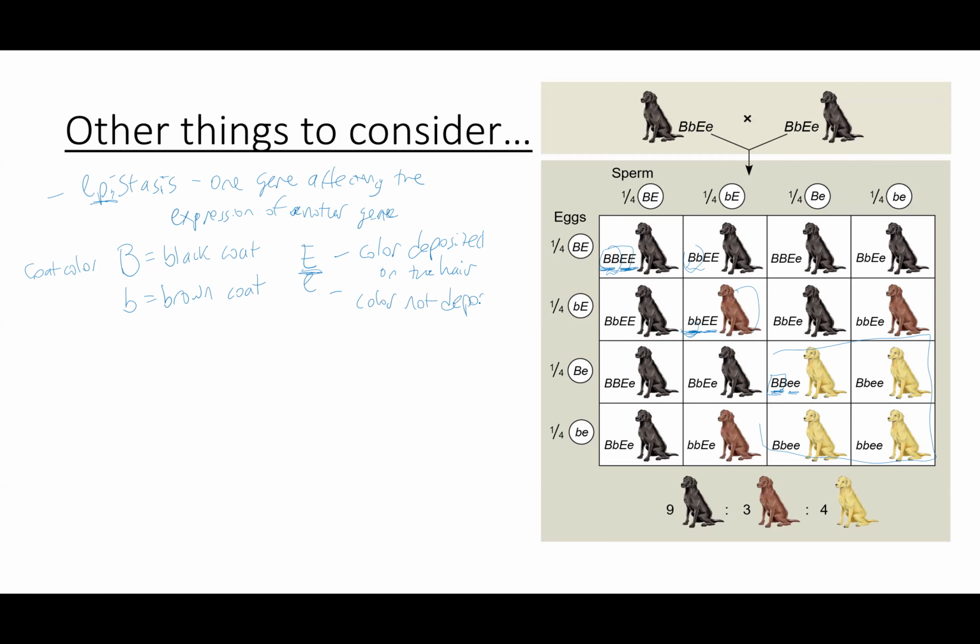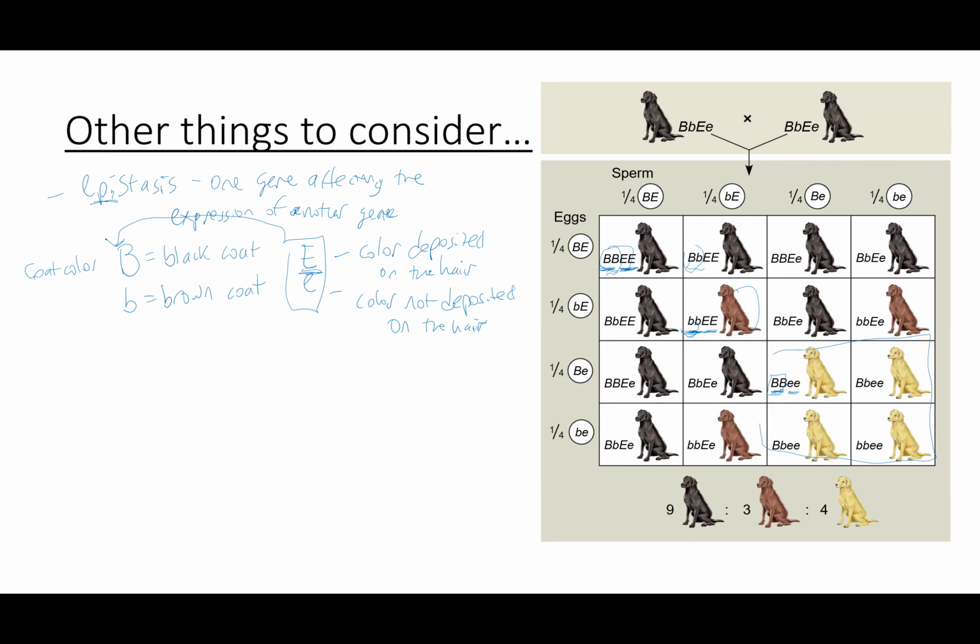If you have the dominant gene, it says the color will be deposited on the hair. But if you have the recessive genes, the color is not deposited on the hair. So it doesn't matter that the dog's body is making black pigment or brown pigment. There's no way for it to be deposited on the hair. So this E gene has epistatic control over the B gene. The genotype of the E gene controls the phenotype of the B gene.